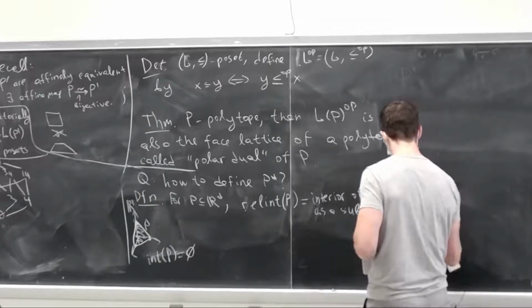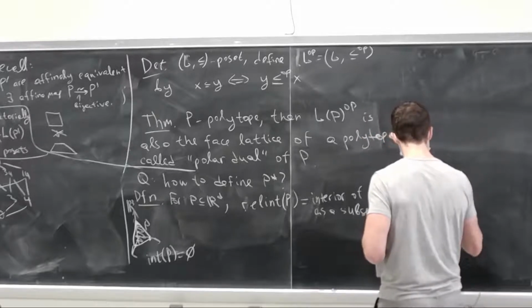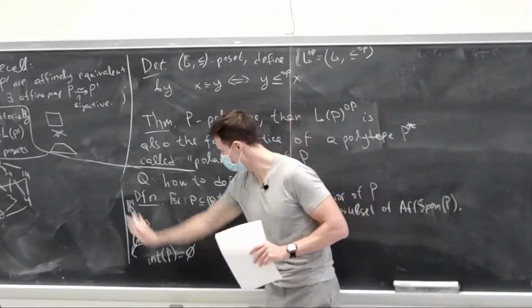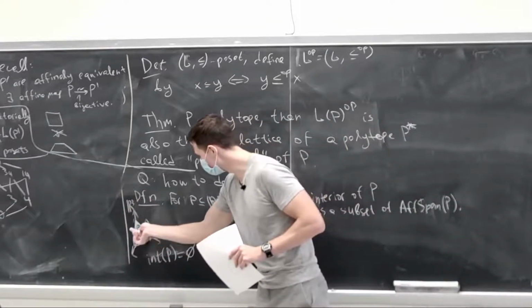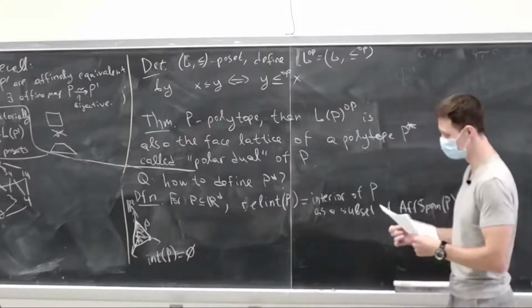Do I call it affine span or affine hull? I never remember. You take the affine span, which here is a plane, and then you take all points which are contained together with a two-dimensional ball inside P.